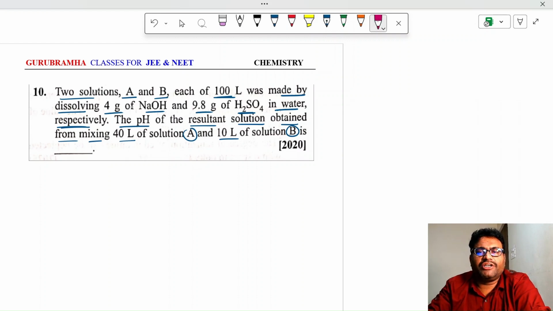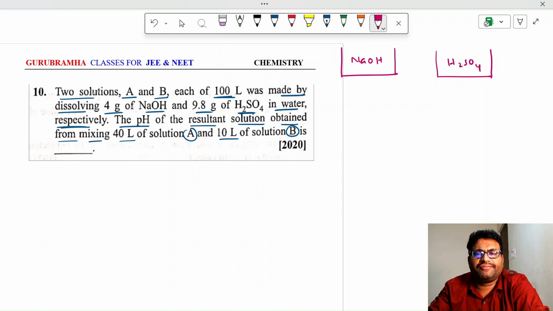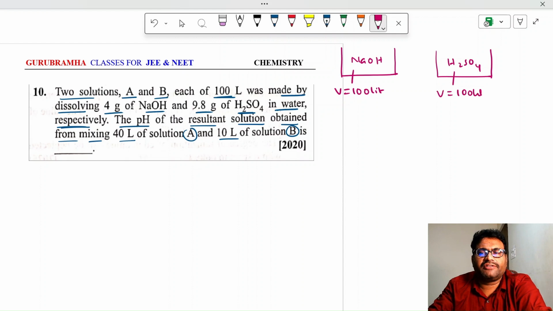One container is containing water and NaOH. Another container is containing H2SO4. Right? So this volume is equal to 100 liters and this volume is also equal to 100 liters.